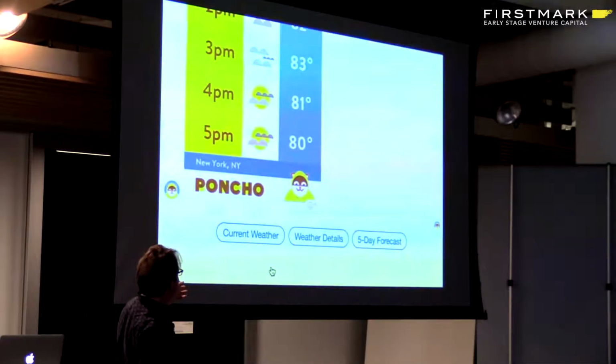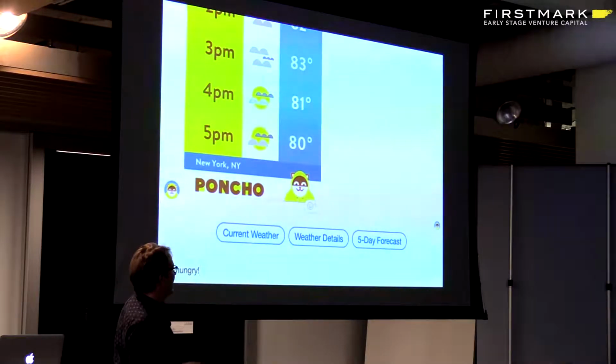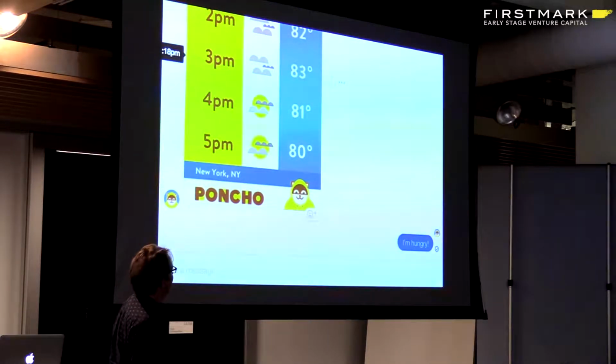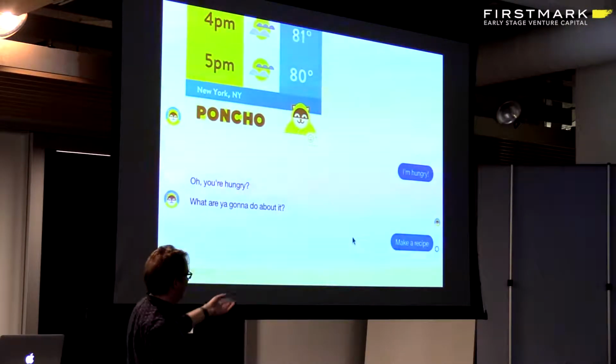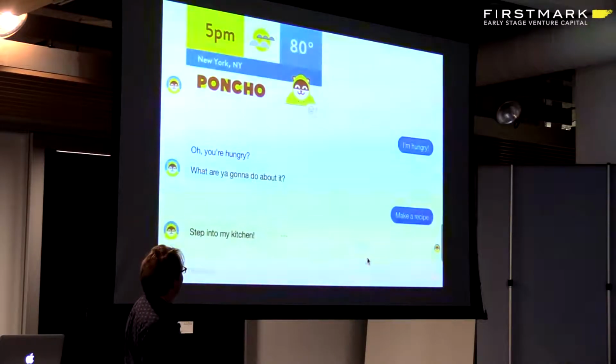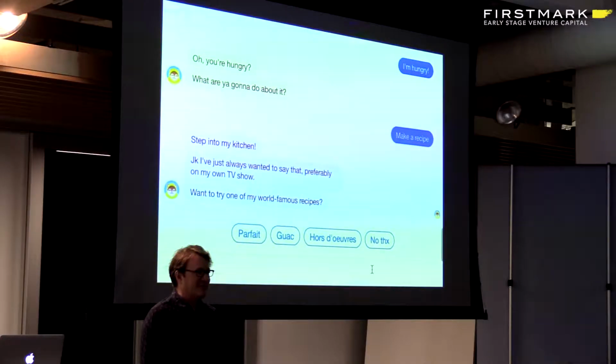But there's also, if you just happen to type, here's a weather bot, you type, I'm hungry, and suddenly Pancho says, oh, you're hungry? What are you going to do about it? Order takeout or make a recipe. Okay, I'll make a recipe. And it says, step into my kitchen. Okay, just kidding, I always wanted to say that, preferably on my own TV show.